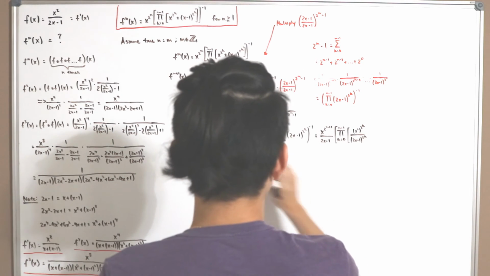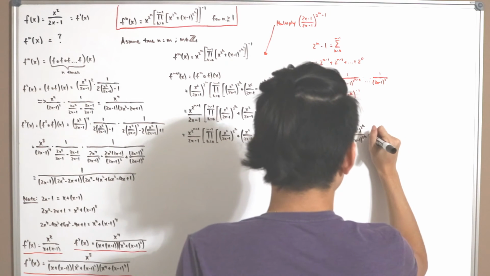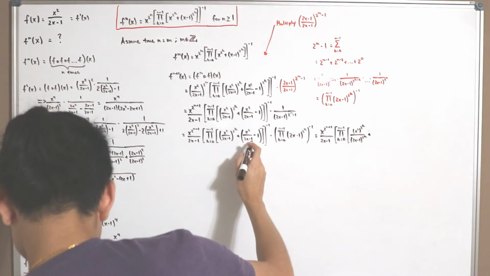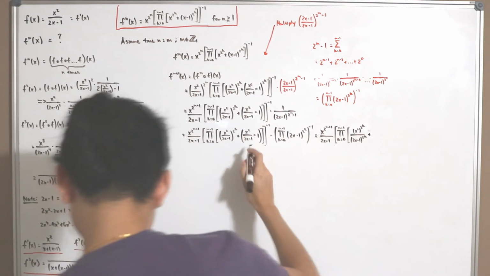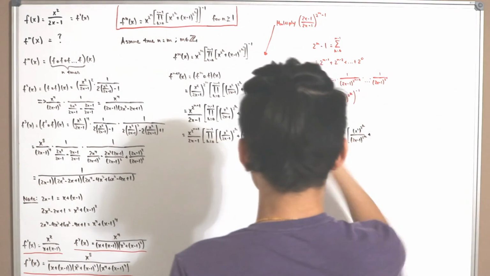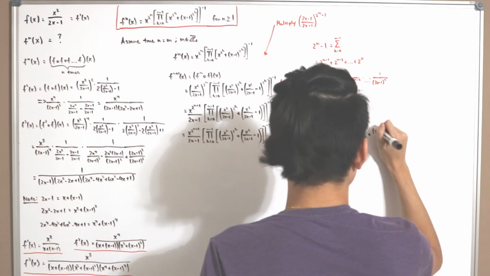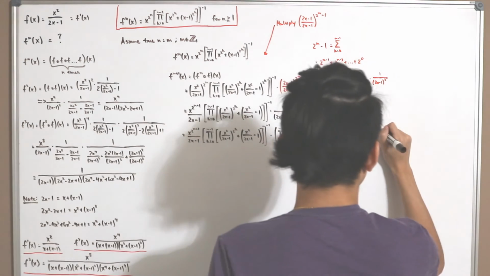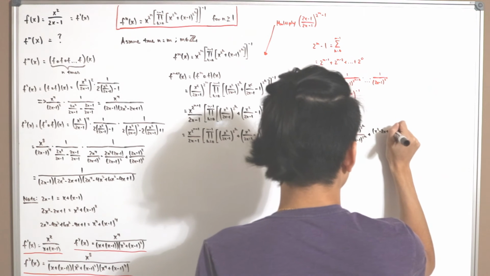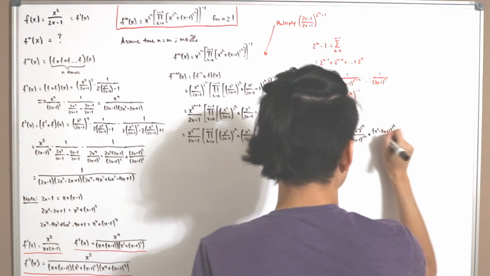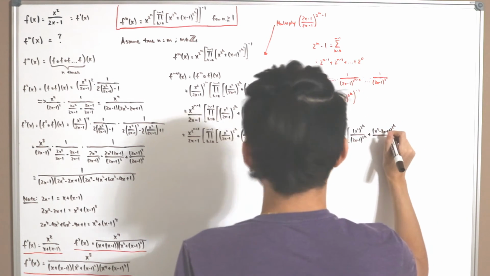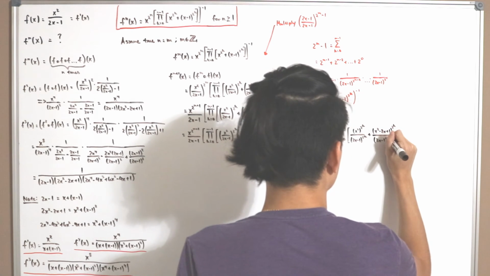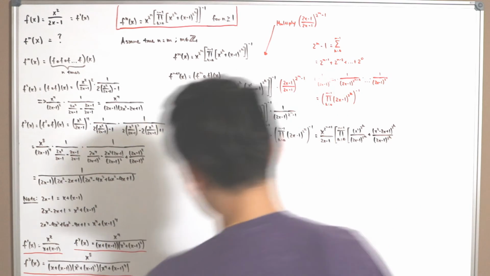And then same thing, but this one I want to get a common denominator. If I simplify this out, I get x squared minus 2x plus 1, then its power is 2 to the power k, all divided by 2 to the x minus 1 and 2 to the power of k.